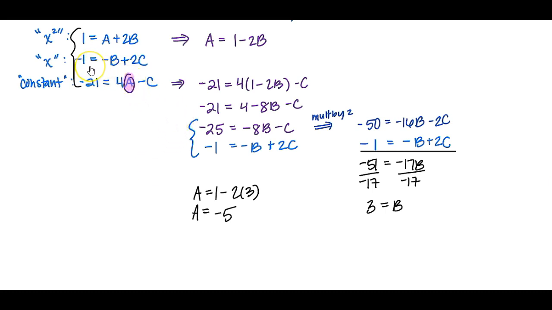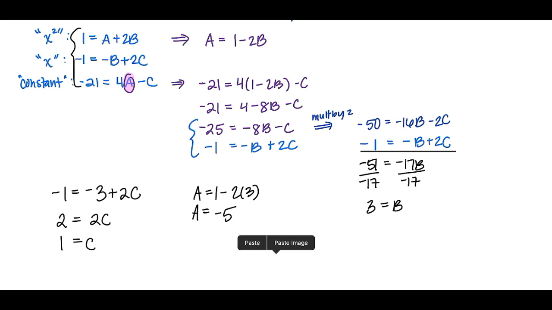And then I had -1 was equal to -b plus 2c. We found out that b was 3, so -1 equals -3 plus 2c. If I add the 3 to the other side, I get positive 2 equals 2c. So divide both sides by 2, I get c equals 1. So now that we have the values of a, b, and c, we can substitute them into our original partial fraction decomposition setup, which I'm going to copy back down for us.